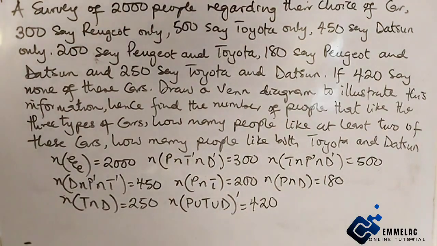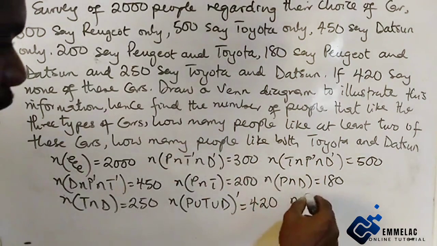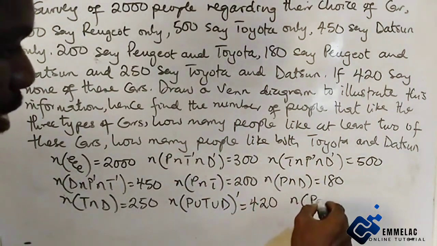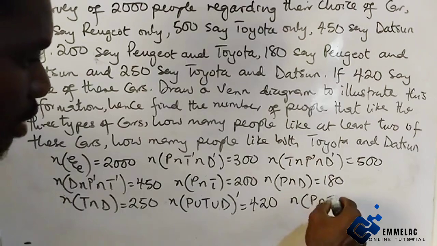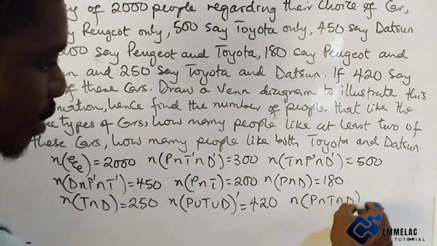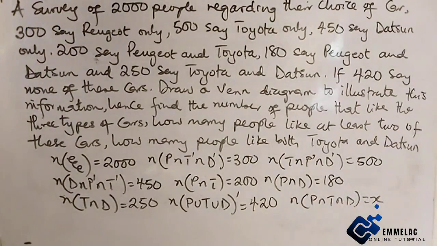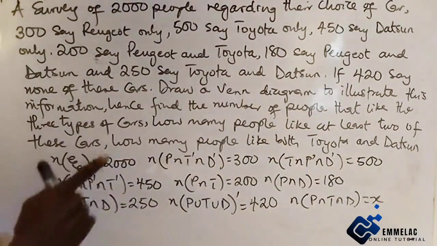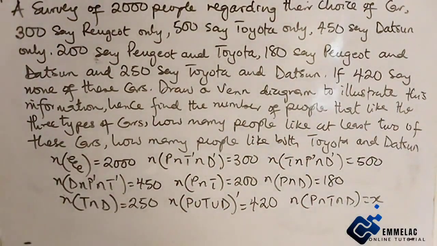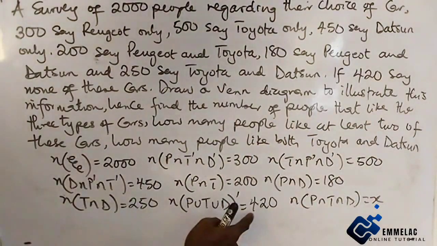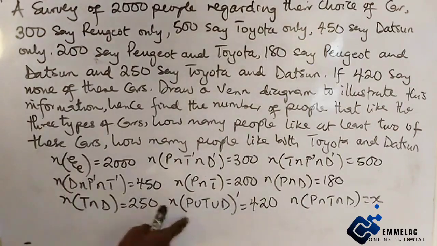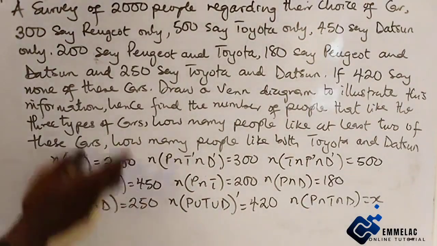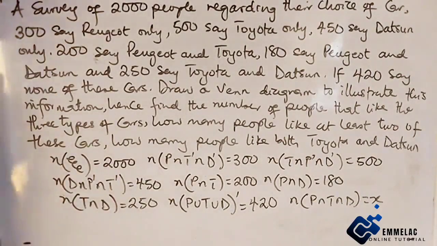The question now says find n of P intersection T intersection D, which means find the number of people that like the three types of cars, which is this. The 420 don't like any of these. Alright, now with this information we'll get started solving this.